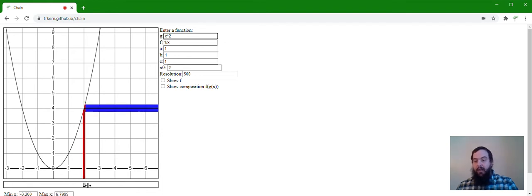We just want to imagine plugging in values that are nearby 2 on both sides. And we see that as we narrow in this range of values on the number 2, the range of values for the outputs is narrowing in on the number 4. And so that tells us that the limit as x approaches 2 of x squared is equal to 4.